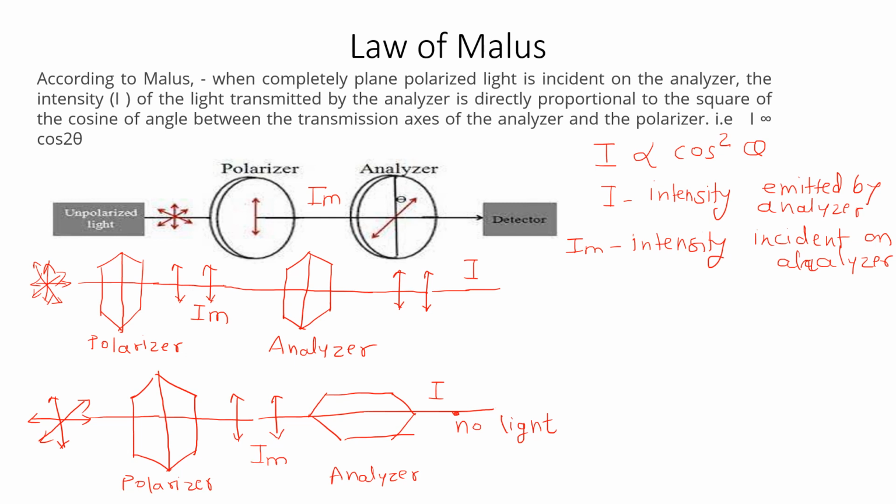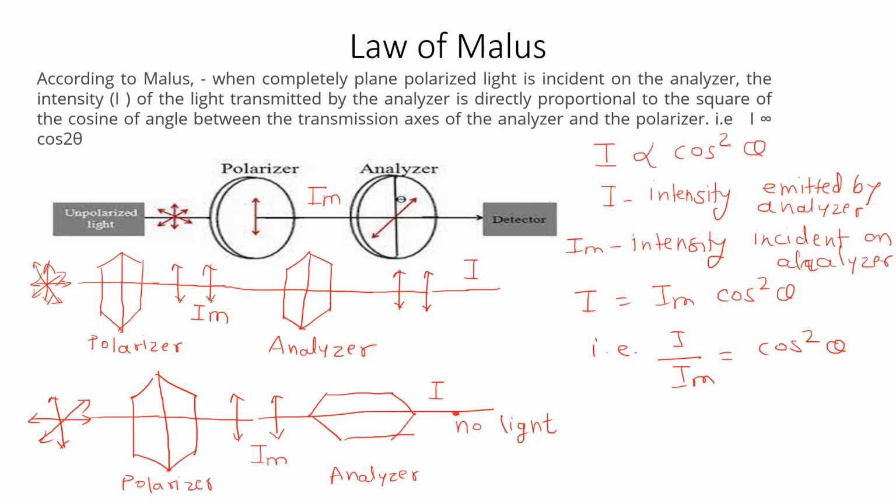So this law says that I is proportional to cos square theta. I is equal to Im cos square theta, or I upon Im is equal to cos square theta. This is law of Malus.